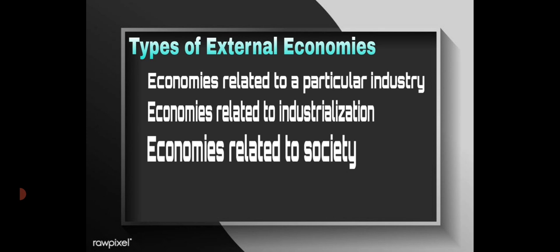And third one, economies related to society. The provision of roads, schools, etc. is largely the responsibility of the state. Industrialization increases the provision of these items, giving further advantage to firms in the area.